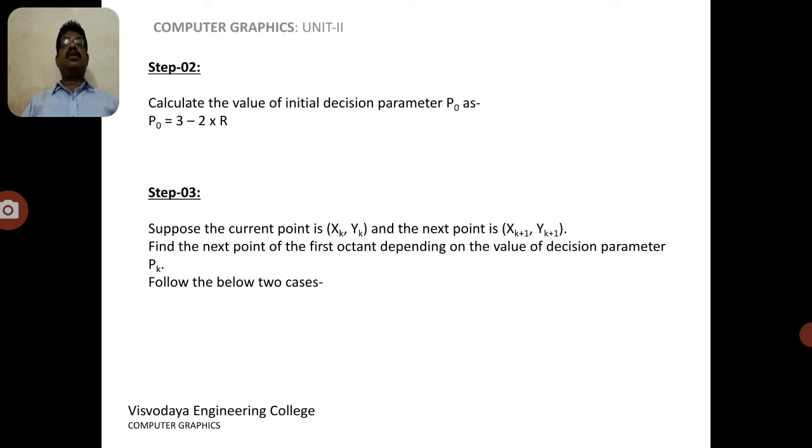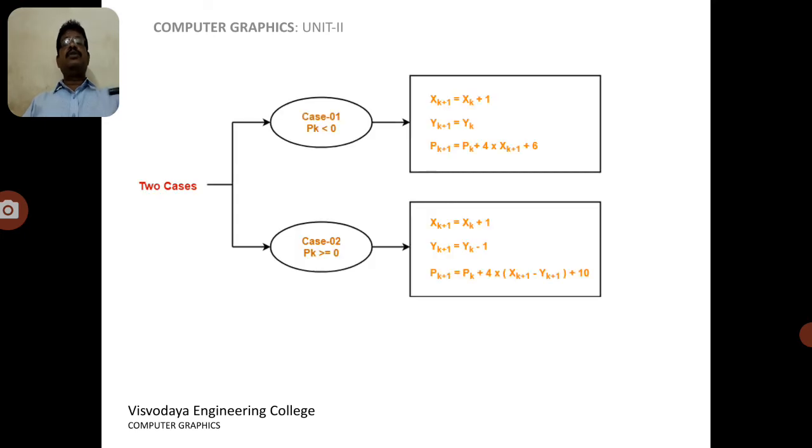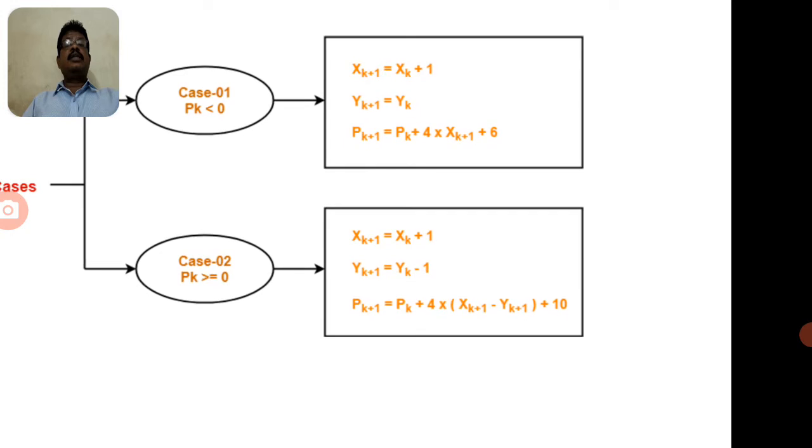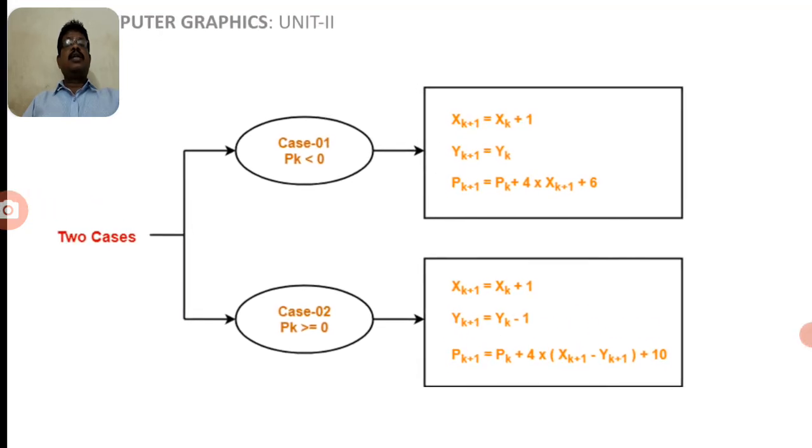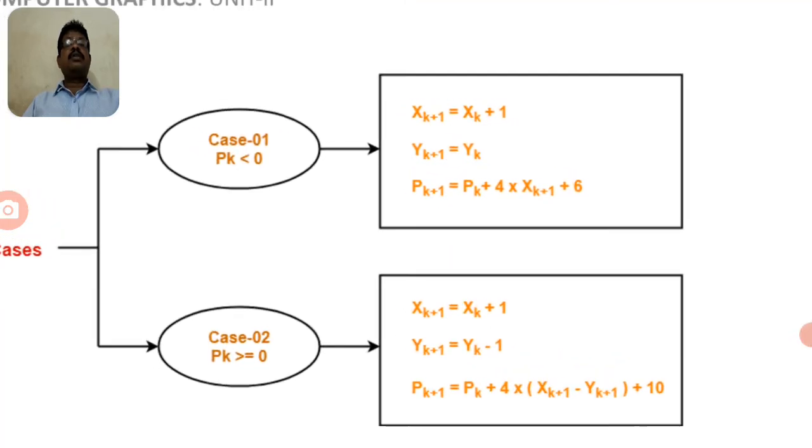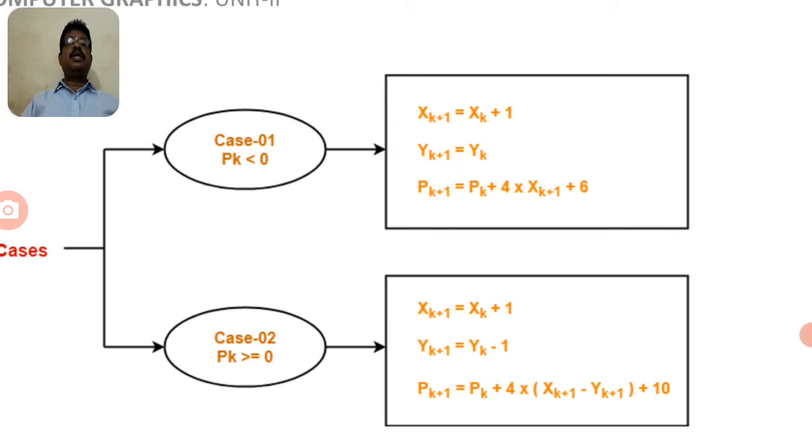Once the initial parameter p0 is calculated, based on that value Bresenham identifies two important cases based on the decision parameter pk value. So we can observe the two cases related to the circle drawing algorithm.